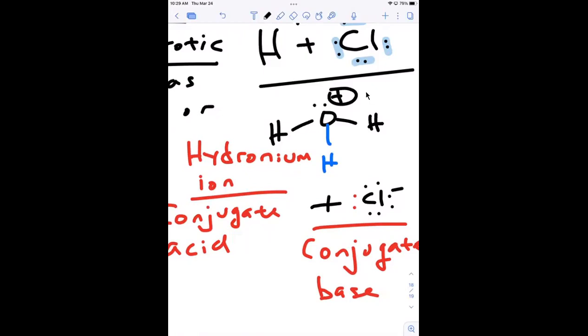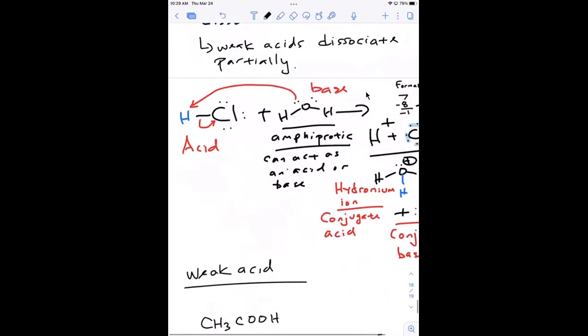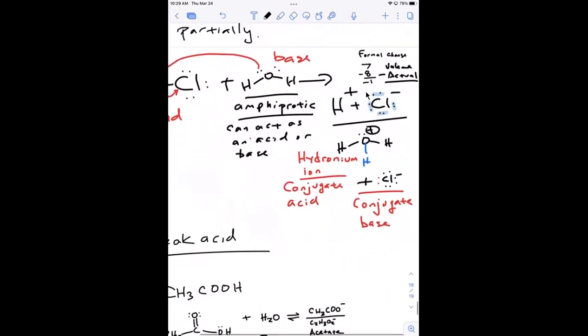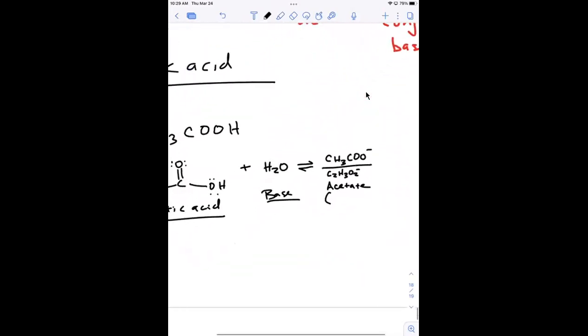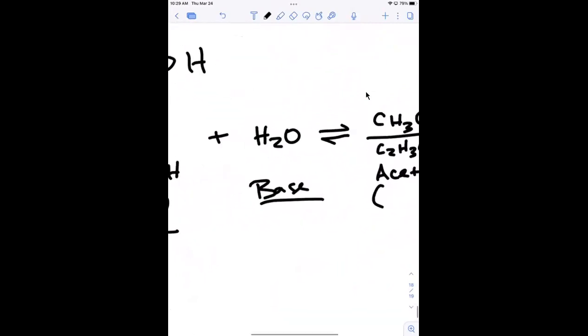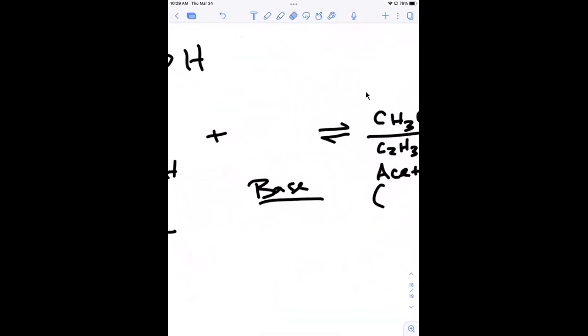That's how acid-base reactions work. When the base accepts a proton from the acid, it becomes the conjugate acid. When the acid gives up its proton, what's left over from that acid becomes the conjugate base. So if we go down here, we can see, and let me write this out again.